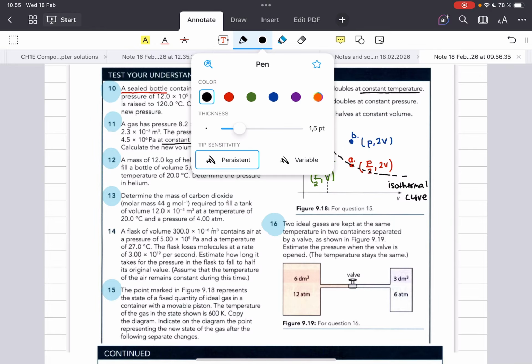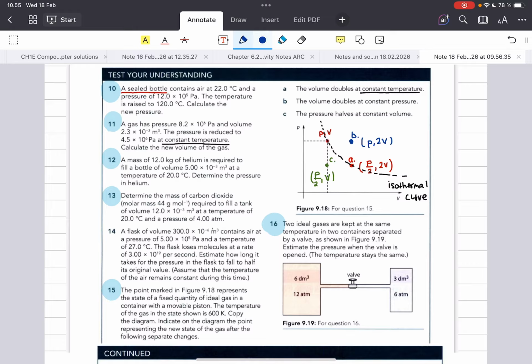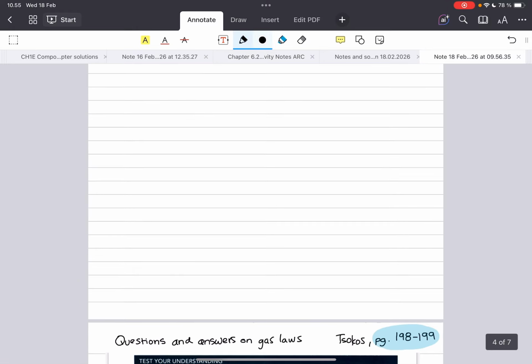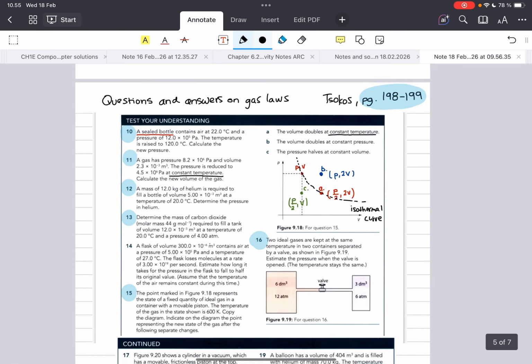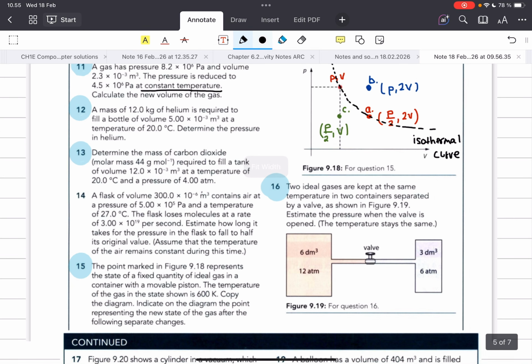Anyways, let's solve 16 finally, and I will do it up here. Question 16. It says two ideal gases are kept at the same temperature in two containers separated by a valve that is shown in the following figure. Estimate the pressure when the valve is opened.